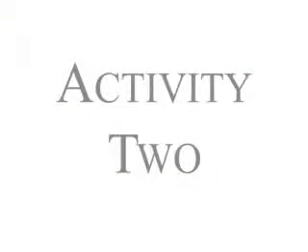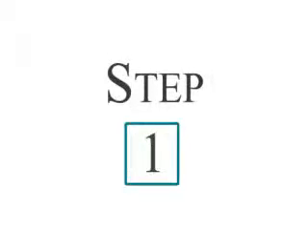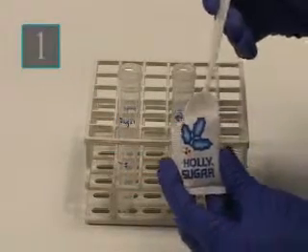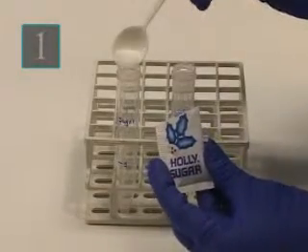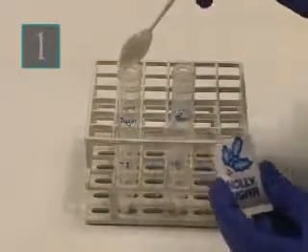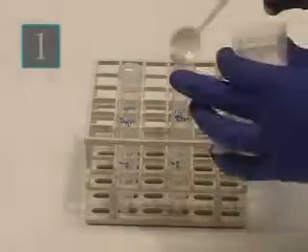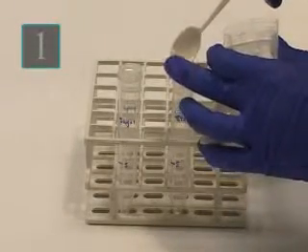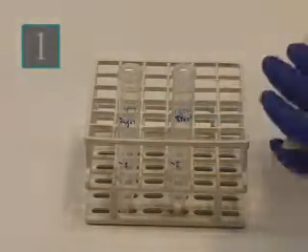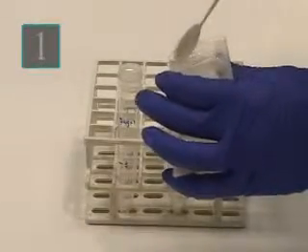Activity 2. What foods contain sugar? Place 1/4 teaspoonful of sugar in a large test tube and the same amount of starch in another tube. Label each of the tubes as sugar or starch.